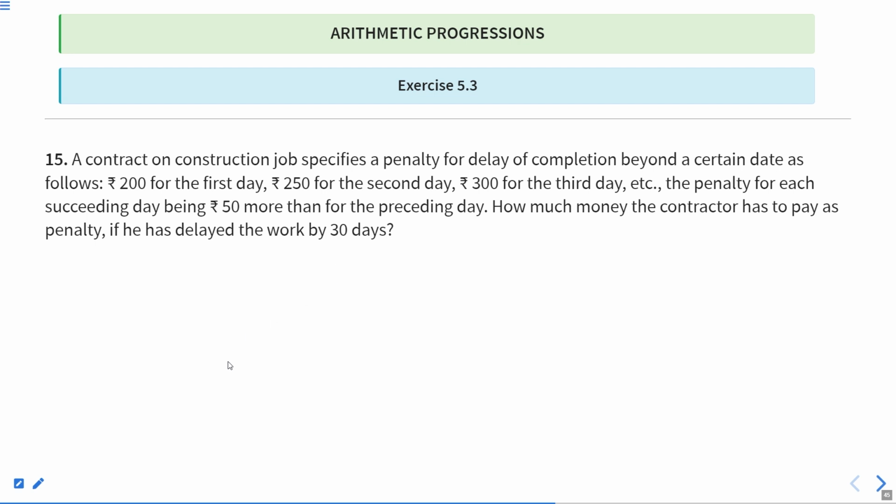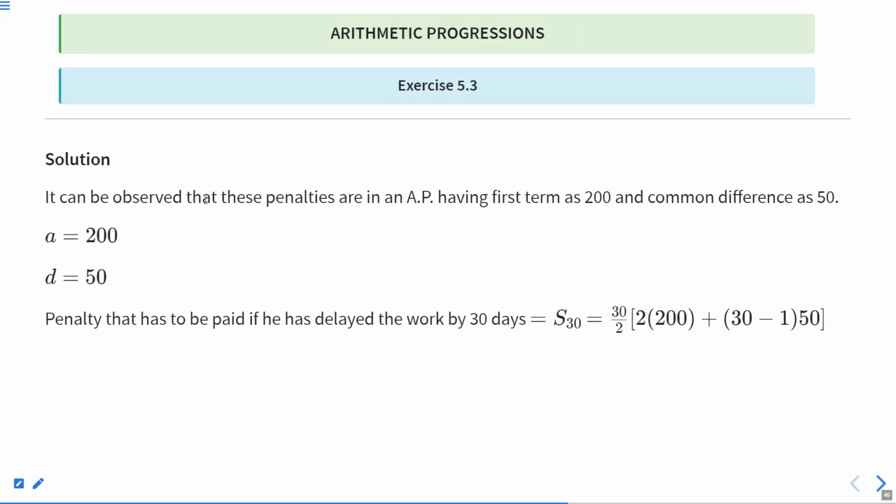Okay, so it can be observed that these penalties are in an AP, having first term 200 and common difference 50. So here a is equal to 200 and the common difference d is equal to 50. The penalty that has to be paid if he has delayed the work by 30 days is equal to S30, which is equal to 30 by 2 times (2 into 200 plus (30 minus 1) times 50).